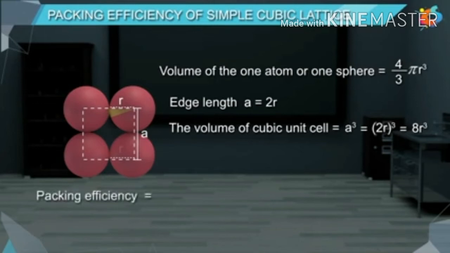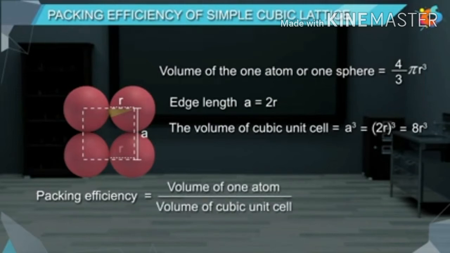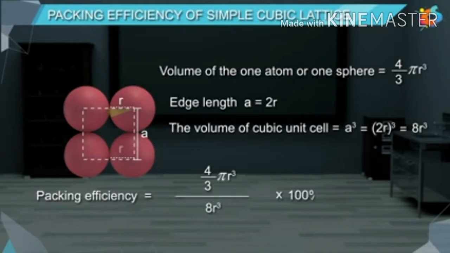Percentage of the space occupied by spheres or packing efficiency is equal to volume of one atom divided by volume of cubic unit cell into 100%. Packing efficiency is equal to 4 by 3 pi r cube divided by 8r cube into 100, which is equal to pi by 6 into 100.